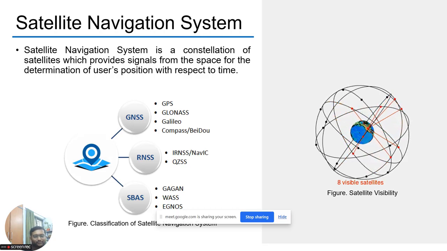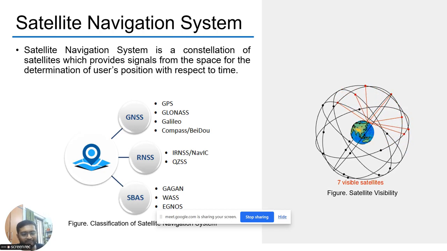To make your phones faster, we use navigation through cell towers rather than satellite. Only when we don't have proper cell tower coverage will it go and search for the satellite. So initial location finding goes through the cell towers.